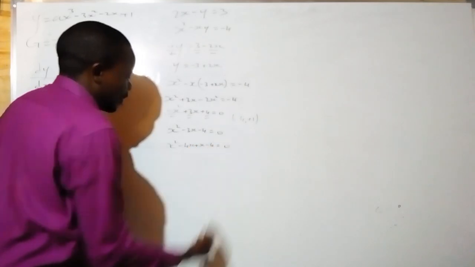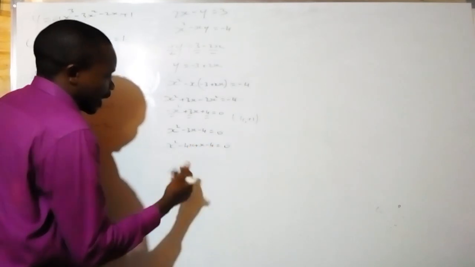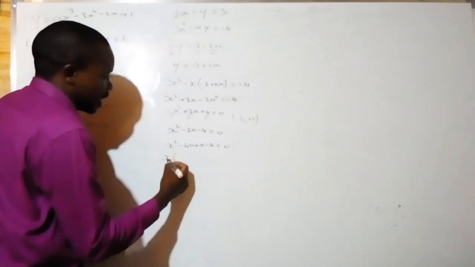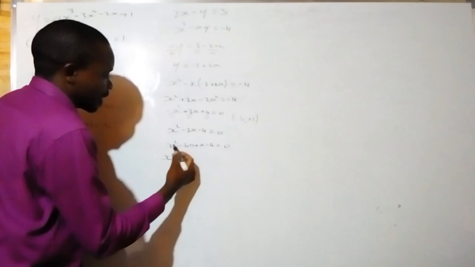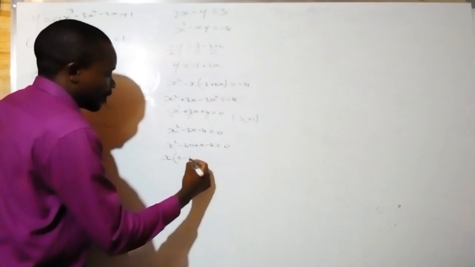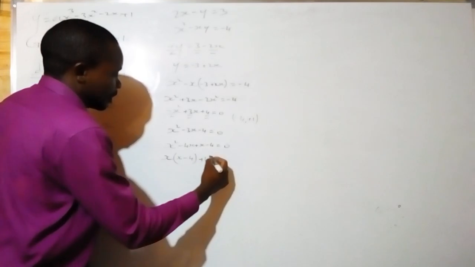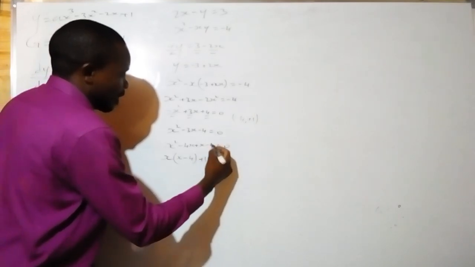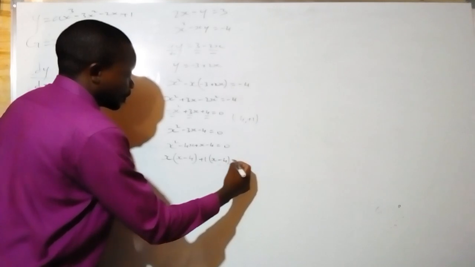X squared minus 4x, the GCD is x. X is common, you take x outside the bracket. X squared divided by x is x, minus 4x divided by x is 4. Plus x divided by 1 is x, negative 4 divided by 1 is 4, is equal to 0.